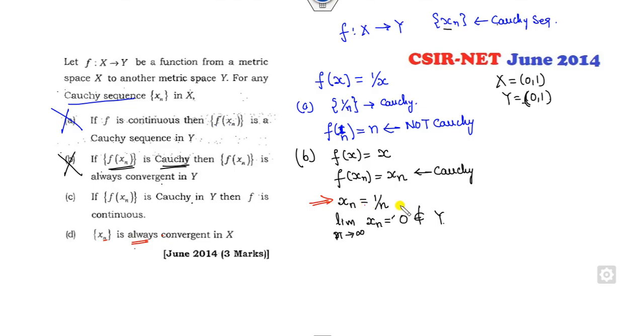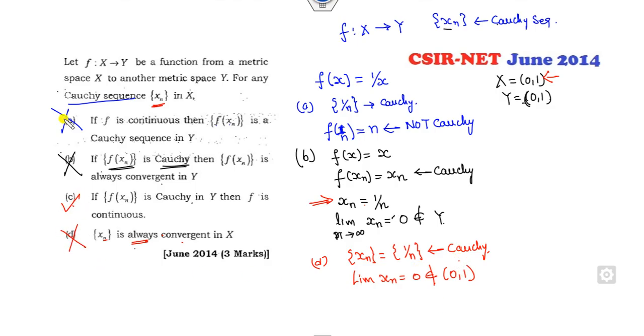Same example: if I choose Xn as 1 over n, this is a Cauchy sequence and is always convergent. Again, if I choose the limit, it's 0, but 0 does not belong to the open interval (0, 1), so this option is also cancelled. Only the right option is C.